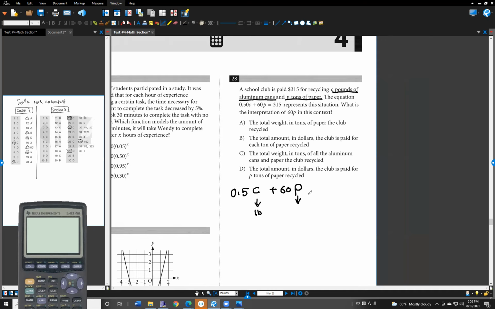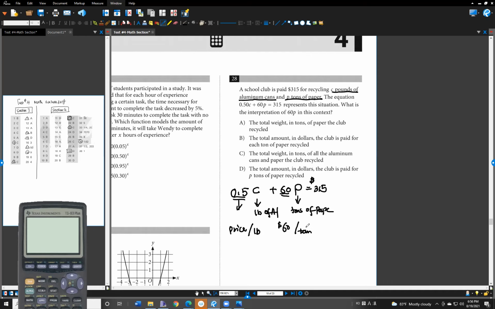The P is what? Tons of paper. This is paper. This is aluminum. And it equals $350. What is this one? The price of aluminum per pound. Isn't it? Per pound of aluminum. What is this one? Price $60, right? Per ton of paper.